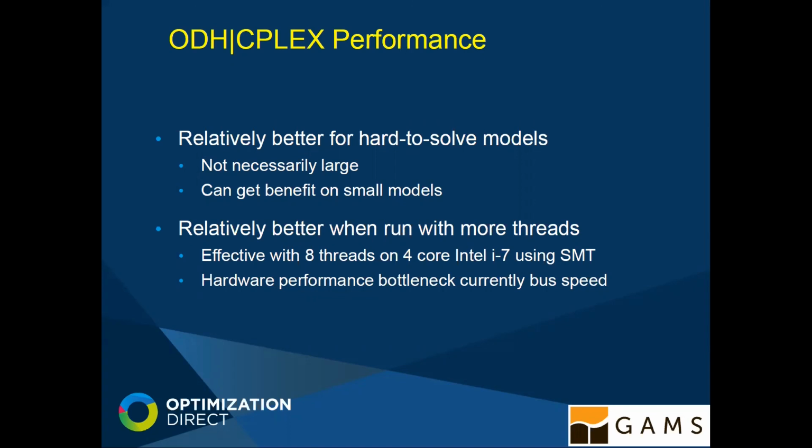With ODH CPLEX, one sees a degradation in performance if one goes from, say, 36 to 48 threads on the 24-core workstation that we have. And it's going to be the same story, although the optimal performance may lie at a different number of threads on basically any other motherboard or bus technology.